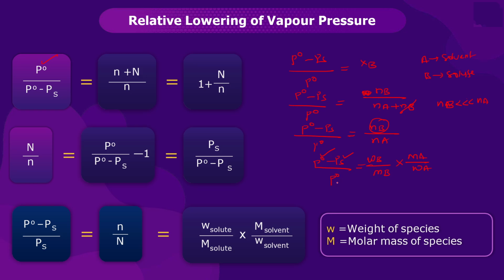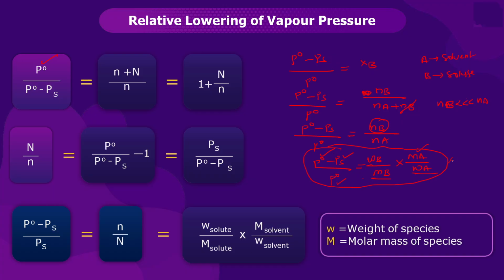Wb means weight of the solute. Mb means molecular weight of the solute. Ma is molecular weight of the solvent. Wa is weight of the solvent. So this is called the approximation formula, whatever we have taken here.